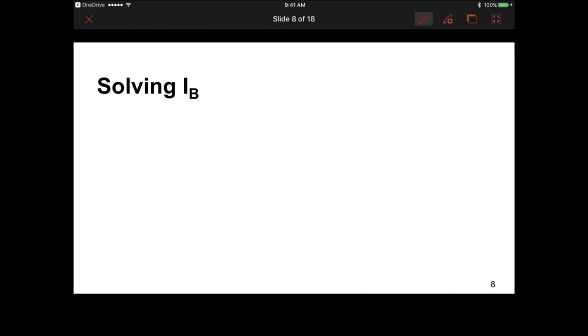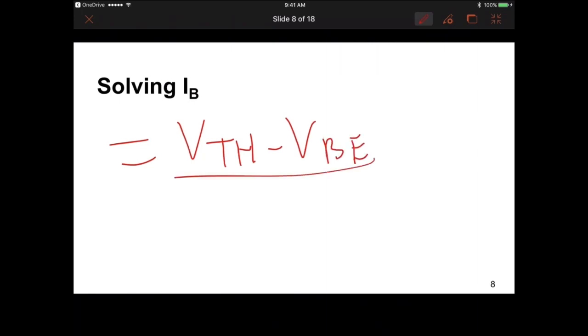Okay, IB is VTH minus VBE divided by R in.